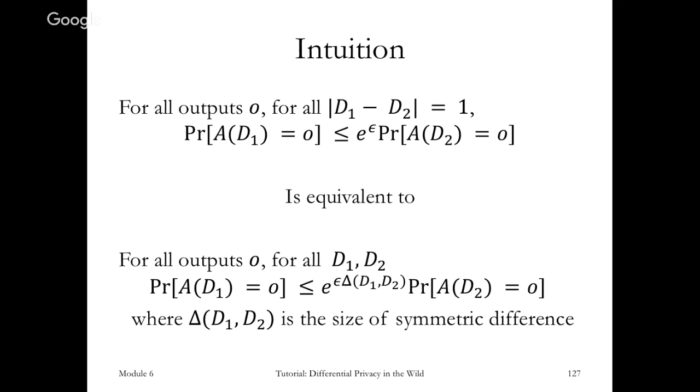We won't go into the details here, but there is a high-level intuition. For differential privacy, for every neighboring database D1, D2 that differ by 1, the probability ratio is bounded by e to the power of epsilon. And then it's equivalent to say that for any pair of databases D1, D2, the probability of generating the same output from D1 and D2 is bounded by e to the power of epsilon times delta, where delta is the size of the symmetric difference between D1 and D2.